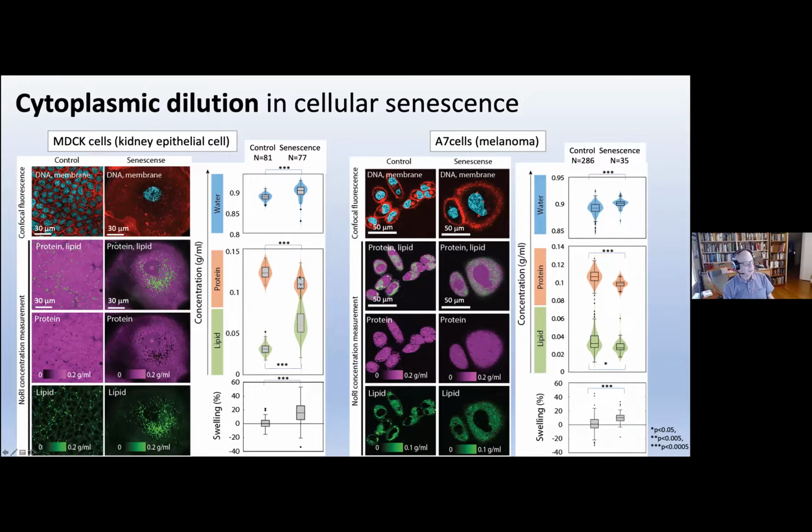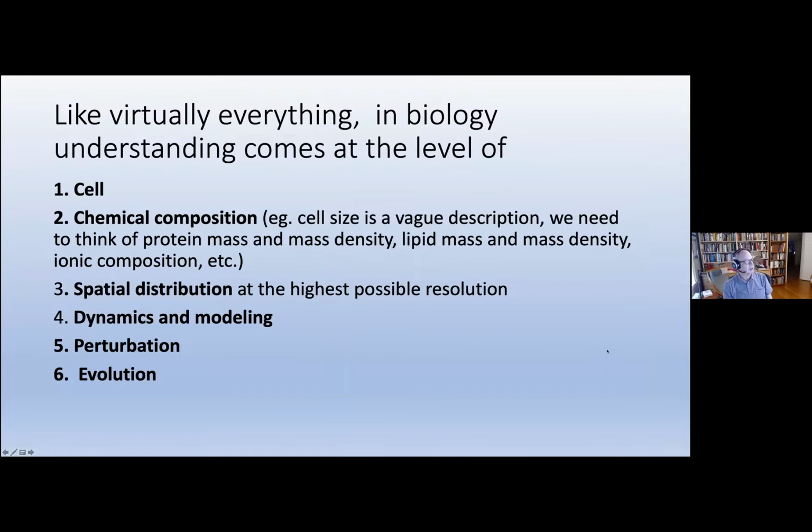But you also see a very substantial increase in lipid. Whereas in melanoma cells in culture, there's a smaller drop in protein concentration and a bigger increase in lipid. And we want to look at these things in obviously aging animals and aging humans, and not just in model systems. And we've begun to do that.